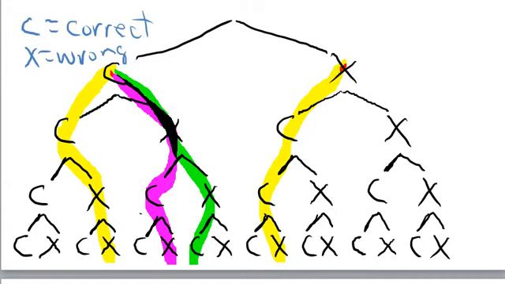Staying here, if you get 1 wrong and then another one right, you could get 1 wrong here, but then you've got to get 1 right. And you can't go down here because that'd be a 3rd one wrong. And you can't go here because that'd be a 3rd one correct. So moving down here, you could go wrong, wrong, and then right, right.